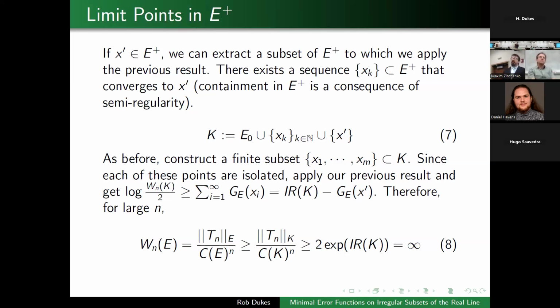So the Widom factor for E, Tn of E over Cn of E, would decrease. E and K are the same except for a polar set, so the capacities are the same. The Chebyshev polynomials can get smaller because it's a smaller set. And so that's greater than or equal to the exponential of IR of K, which will be infinity.